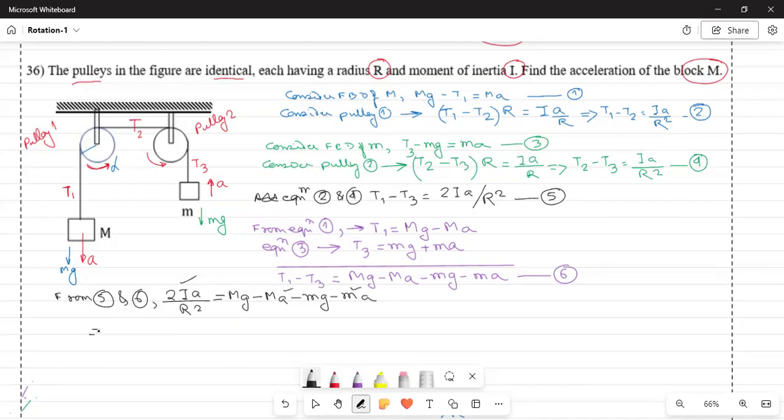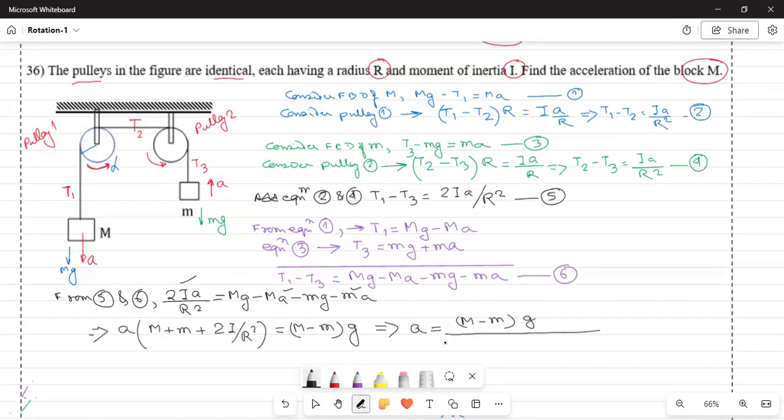So a times capital M plus small m plus 2I upon R square is equal to, on the right hand side, capital M minus small m times g. So the acceleration a of body M is equal to capital M minus small m times g, divided by capital M plus small m plus 2I upon R square.